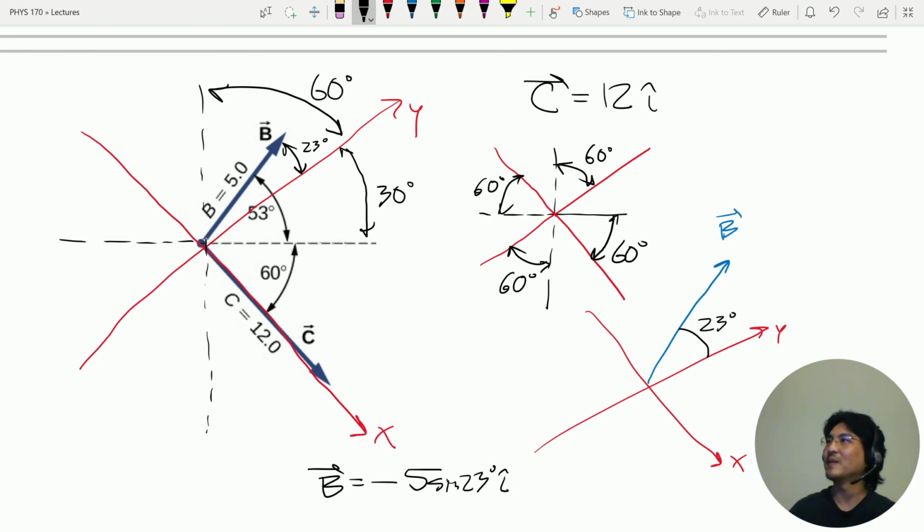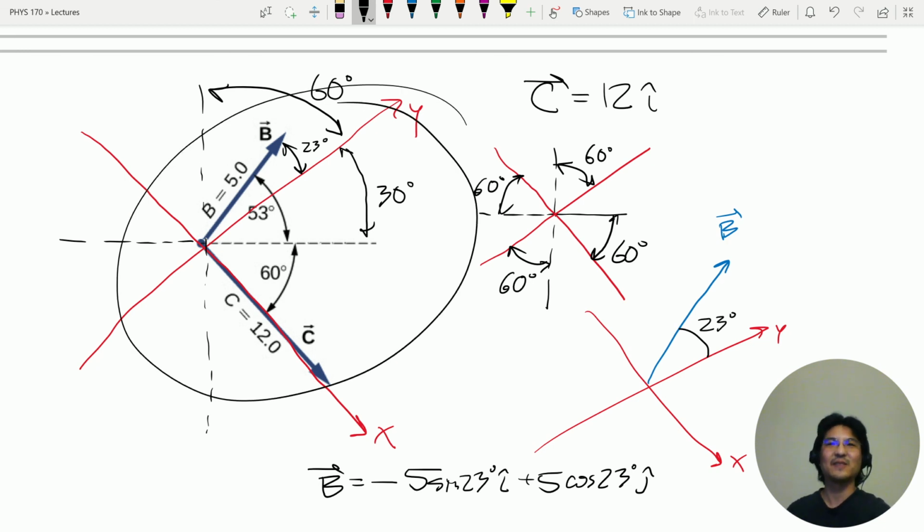And then the y axis is here, so the y component is positive 5, and then adjacent to the angle, cosine. Okay, so there is vector b decomposed according to this choice of coordinates.